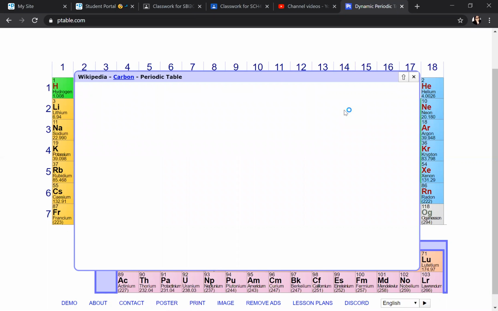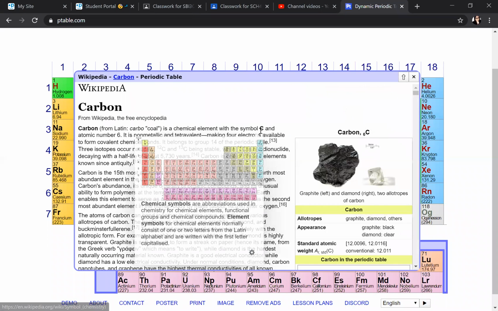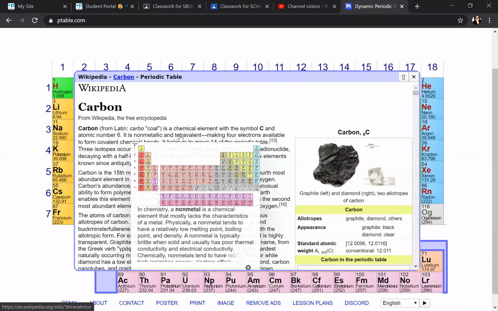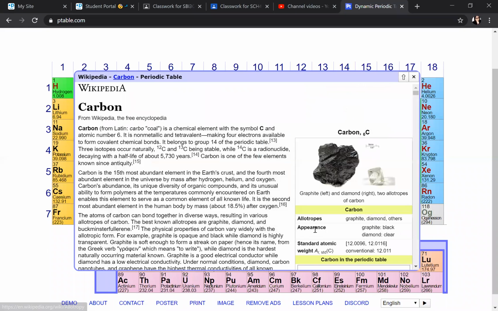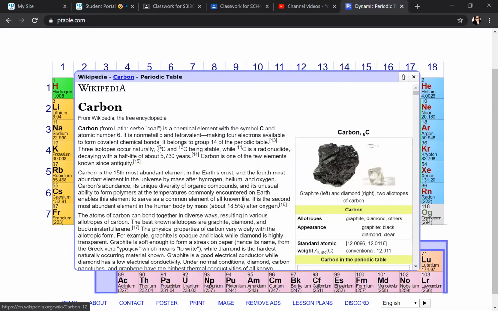If we bring up some information, it opens Wikipedia for us. Carbon is known as graphite and diamond, so it has various forms, and it says that it has the symbol C and atomic number 6. It's a non-metallic tetravalent element making 4 electrons available to form covalent chemical bonds.